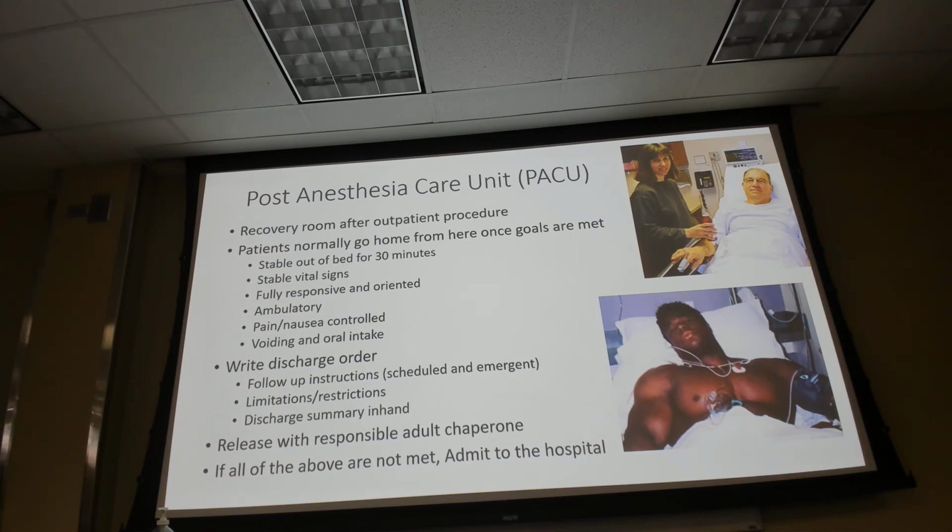That's typically what we use to say they have met the PACU criteria, and we can probably send them home as long as they're stable. We usually always have them with an adult chaperone, especially for outpatient procedures. That's why we tell them they shouldn't drive there themselves; they need somebody to take them home after the procedure. And if we can't meet these, then we need to keep them in the hospital until they're met.